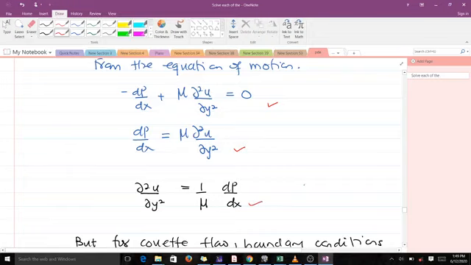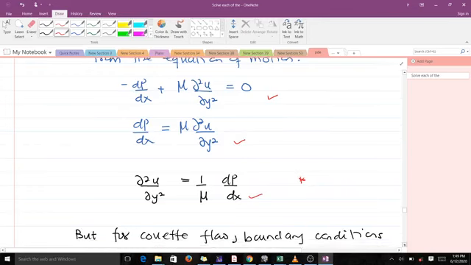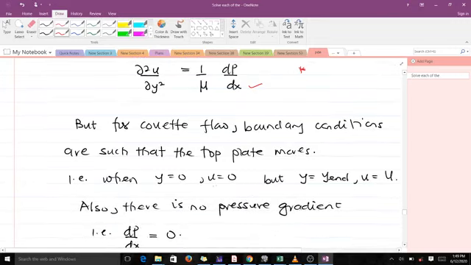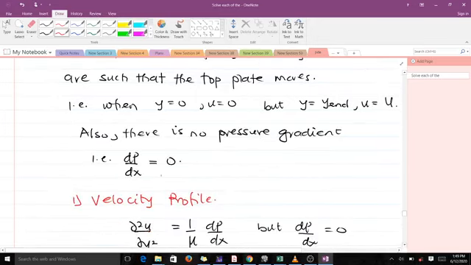This equation is very important here. Note that for Couette flow, the boundary conditions are such that the top plate moves. That is, when y equals 0, u equals 0, but when y equals y_n, u equals some big U, as explained in the diagram I showed you before. Also, note that there is no pressure gradient, that is, dP/dx is equal to 0.